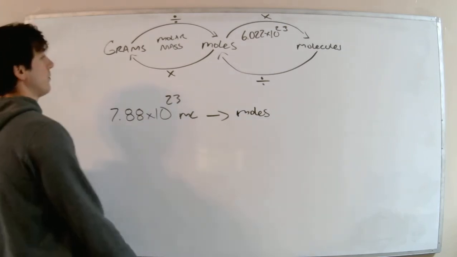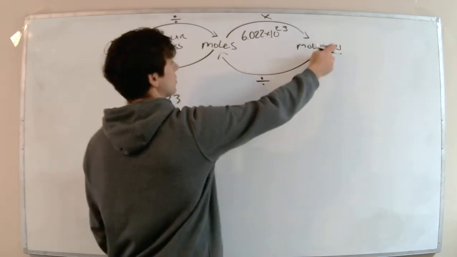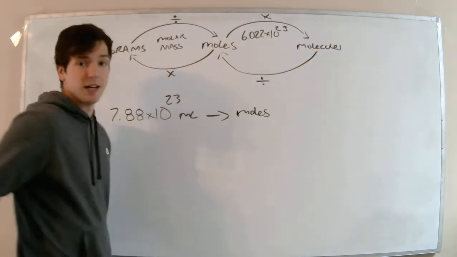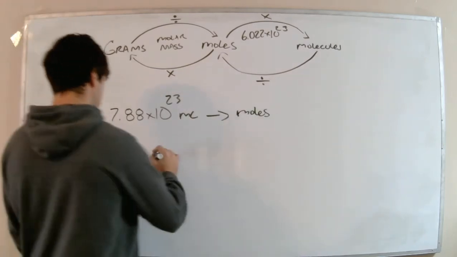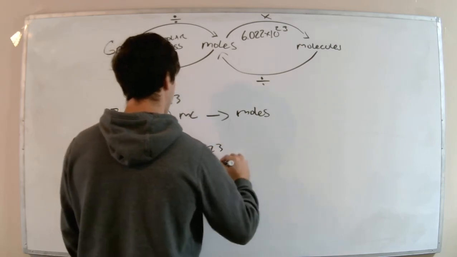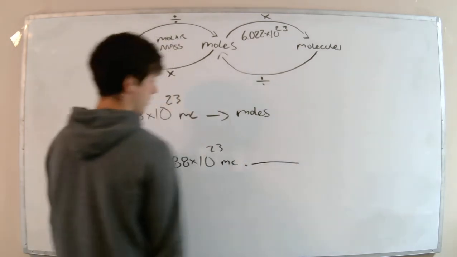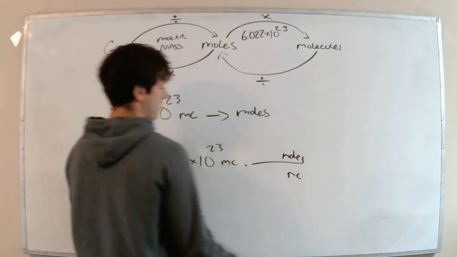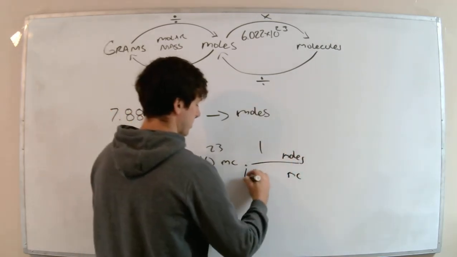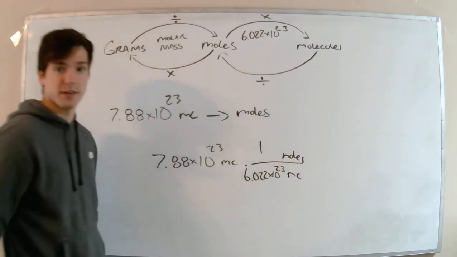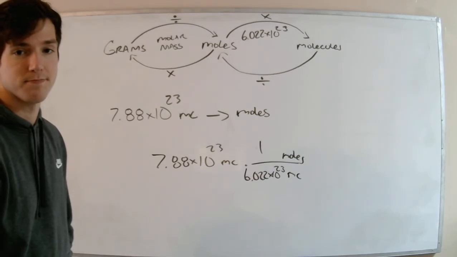So again, we start with what we're given, which is molecules, and we're trying to go to moles, so we're going to divide by Avogadro's number. 7.88 times 10 to the 23rd molecules. I'll put molecules on bottom, moles on top. For every 1 mole, there's 6.022 times 10 to the 23rd molecules.